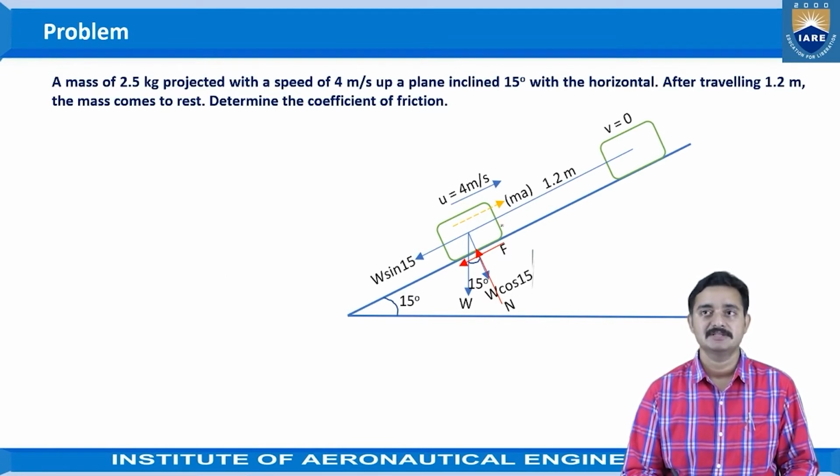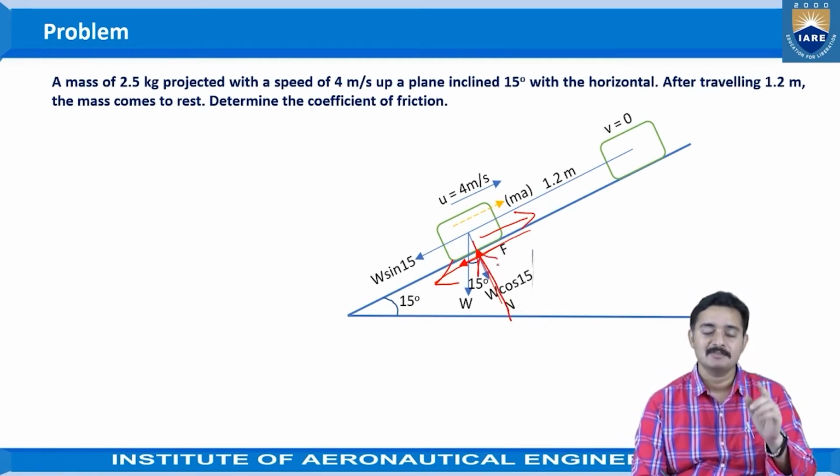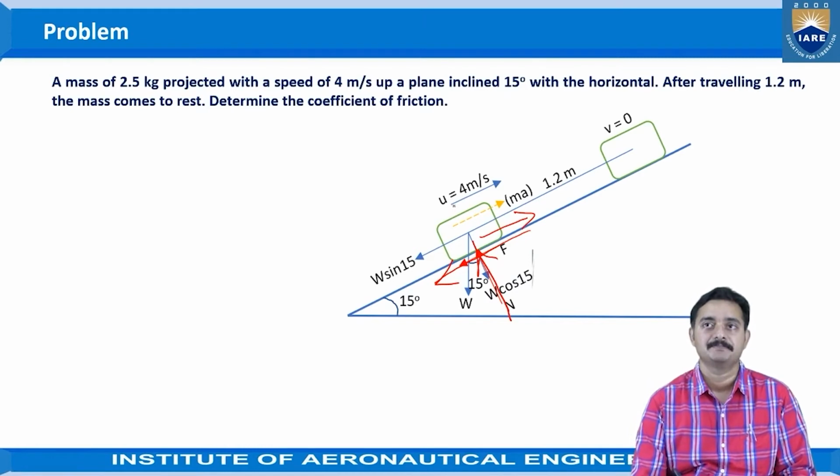As the mass is moving in the right side direction, the friction is acting towards the left side direction, and the normal reaction will be towards the object.